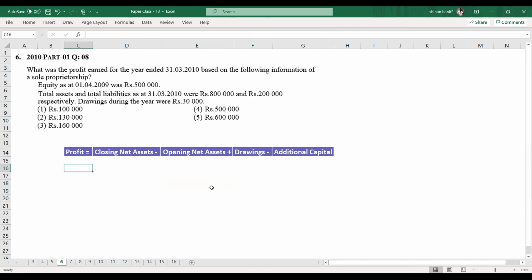What is the answer? It's a very simple question.